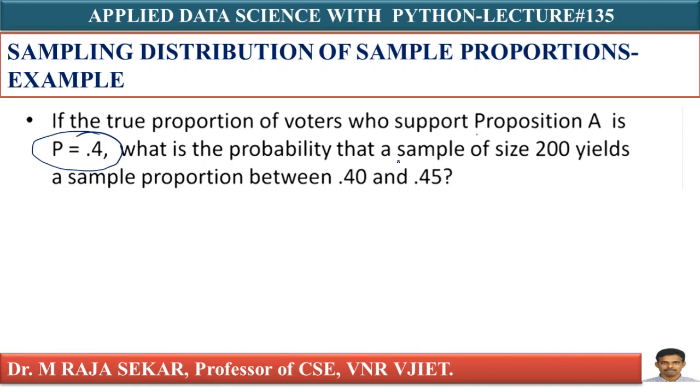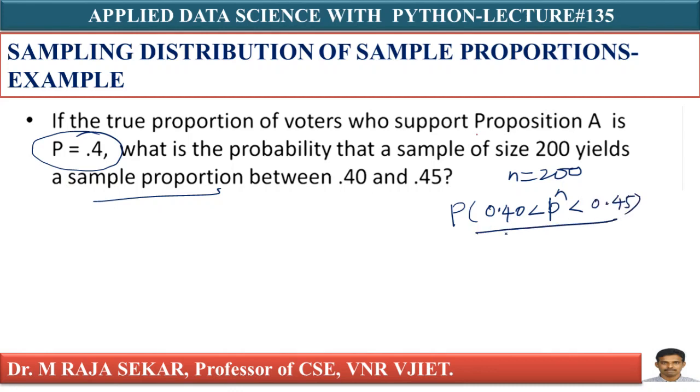What is the probability that a sample of size 200, what is my sample size? 200. Yields a sample proportion between 0.40 and 0.45. What is he asking? Sample proportion, that is small p cap, between 0.40 and 0.45. I need this probability, isn't it?